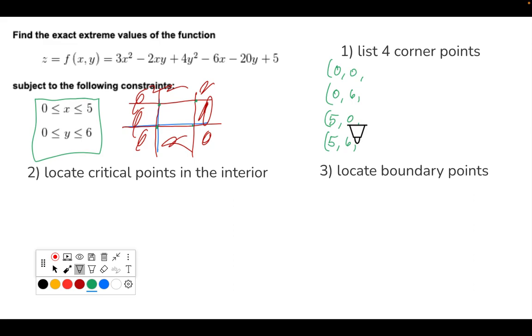These are on the boundary, aren't they? And I think they're the easiest ones to see. What we do now is plug each of those points in to figure out what the z value is, and that's how we're going to tell which one is the max and which one's the min: we just look for the biggest z value. I'll do 0, 0. That's 0, that's 0, that's 0, plus 5.